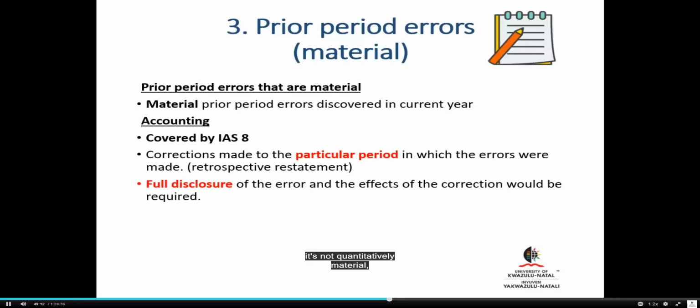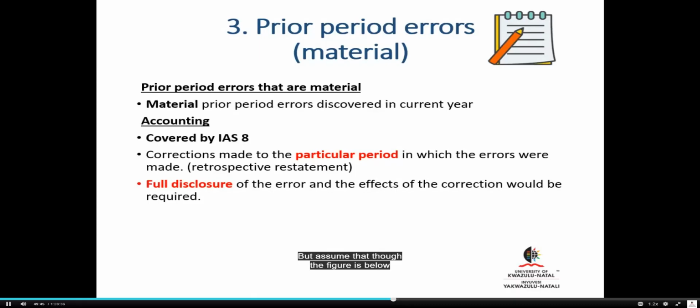It's not quantitatively material, because the quantitative figure is based on what the preparers of the financial statements determine to be material. So if they say that when preparing our financial statements, any figure above 50,000 is material, let's say under expenses or revenue, then anything below 50,000, whether individual or added up, won't be regarded as material.